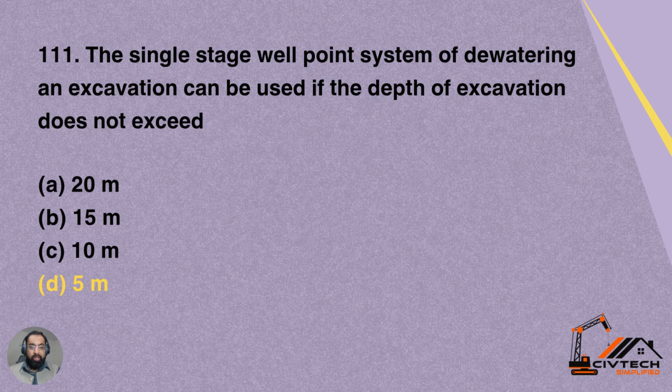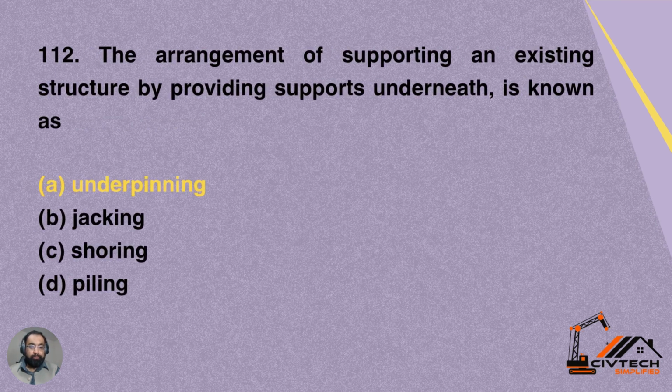So if the depth is not more than 5 meter, then we can use the single stage well point system for the dewatering. Option D is correct for this question.